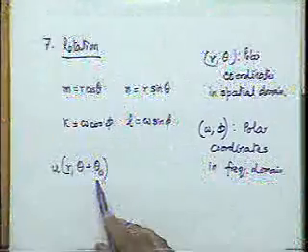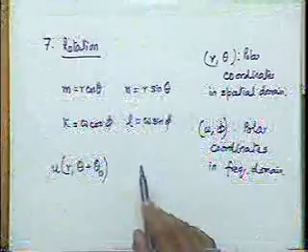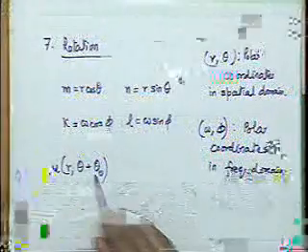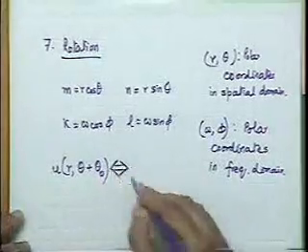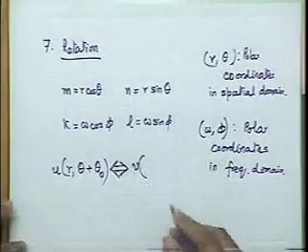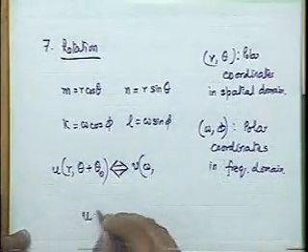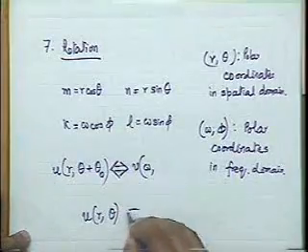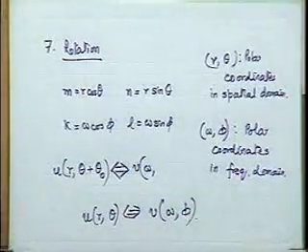Alright. So, u of r theta plus theta 0, its transform pair is very interesting. The transformation pair of u r theta is v of omega phi, and the transformation pair of u r theta plus theta 0 is v omega phi plus theta 0.